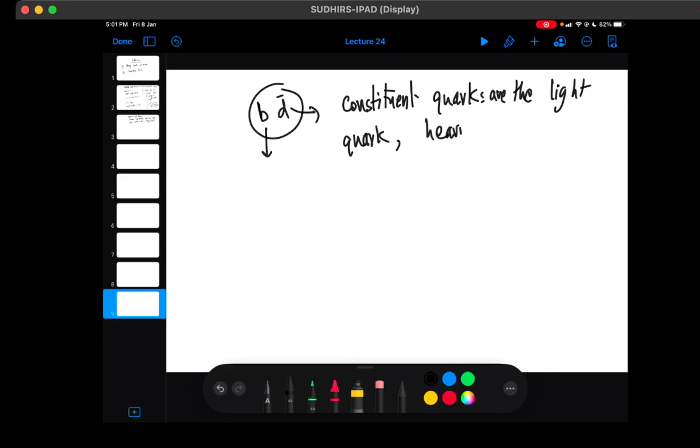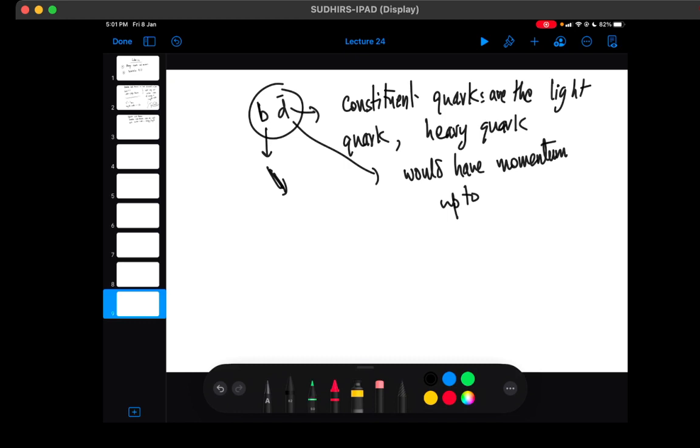The idea is that this quark is very heavy, so it's almost non-relativistic. It doesn't really move, whereas the light quark would have momentum up to similar orders of lambda QCD, say around 300 MeV, which is very small, essentially 200 to 300 MeV.